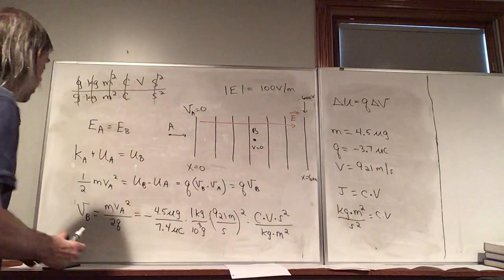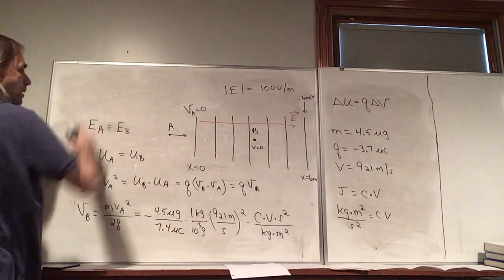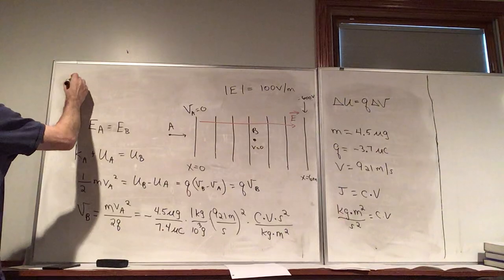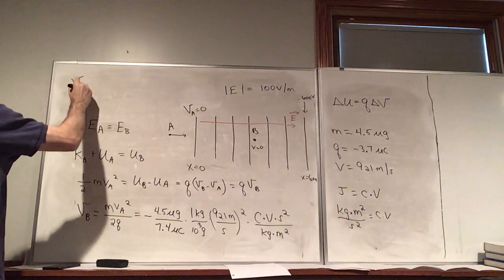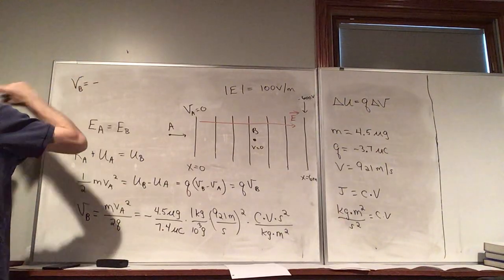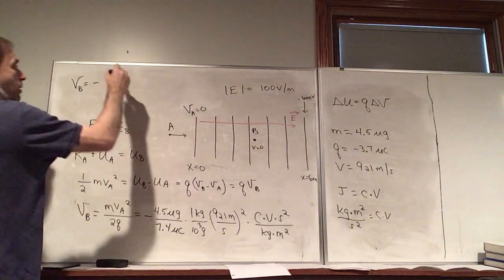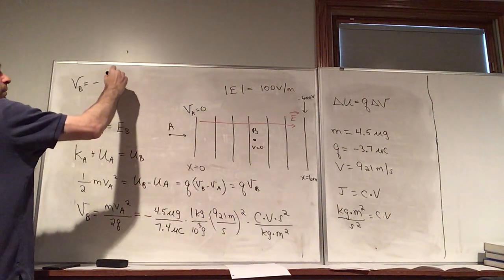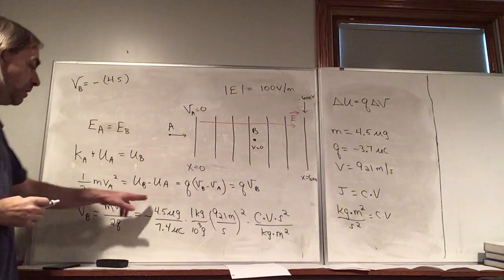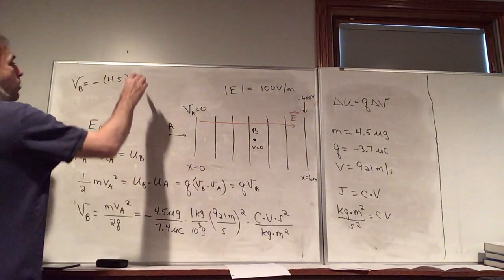Now we have to get the number. Let's do that in the one space of the board that we have left. So the potential at B is going to be minus. So here we have 4.5 times 921 squared.